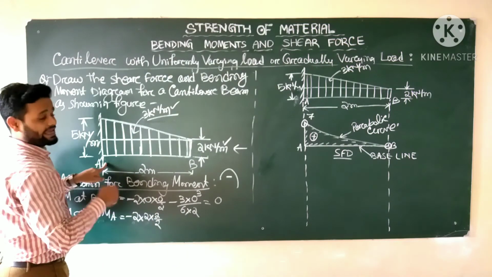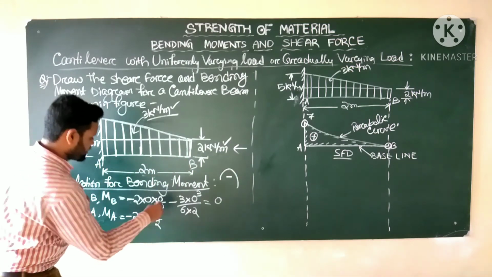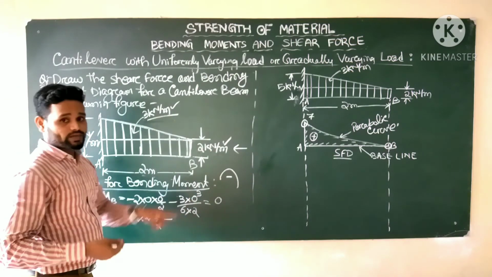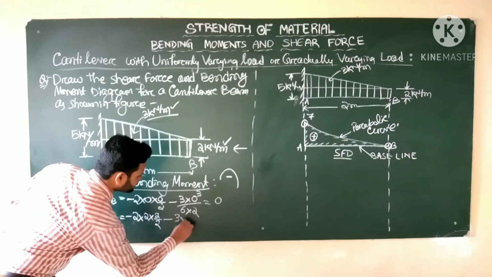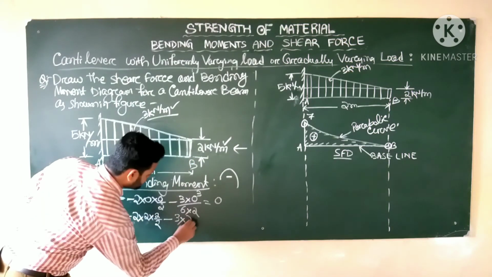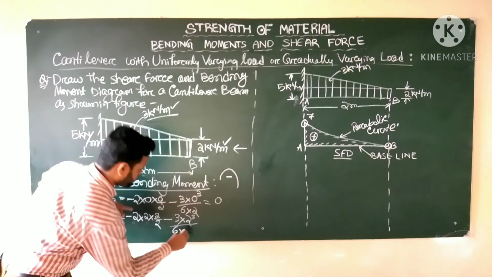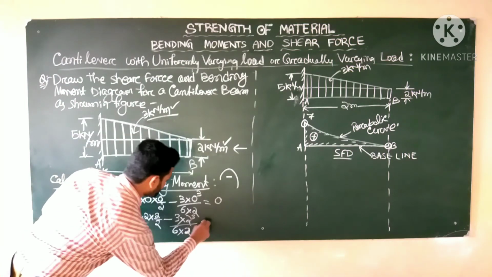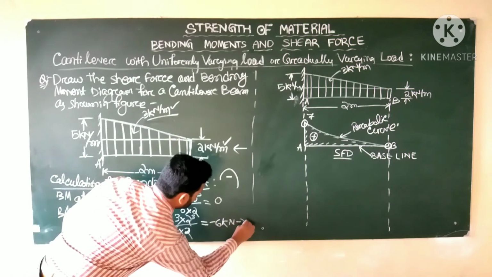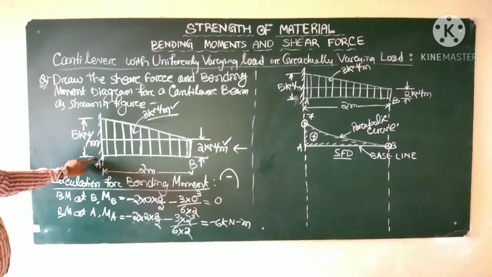Here at point A, X value is 2 meter because it is the distance from the free end. Next, minus. For UVL, the value is W X cube by 6L, W is 3. 3 into X value, that is distance from the free end, 2. 3 into 2 cube divided by 6 into length of the beam, 2, equal to minus 6 kN meter.